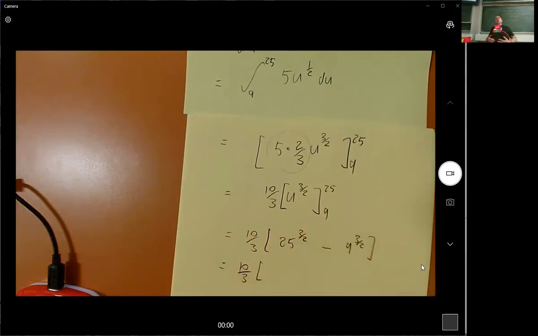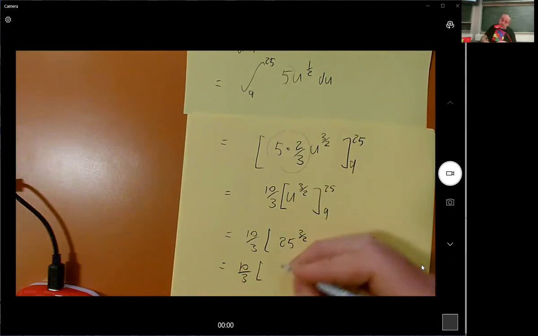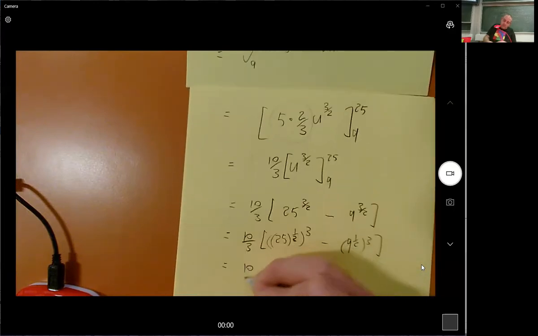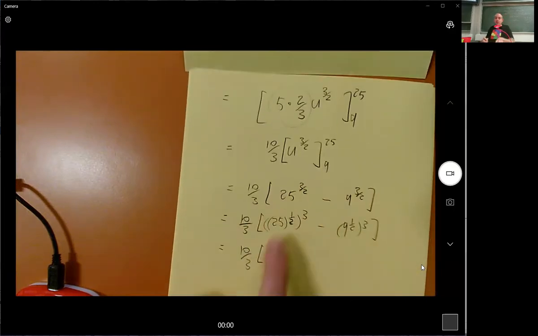Now, 3 over 2 is the same as to the power of a half and then to the power of 3. So just for the long version of it, this is 25 to the half, then to the 3, if you really want to do it that way. And 25 to the half is the square root of 25, which is 5.